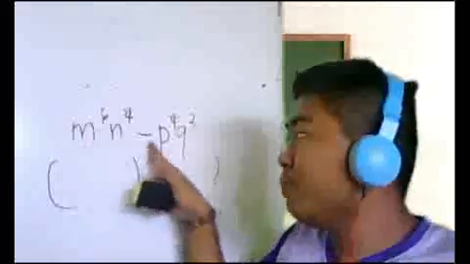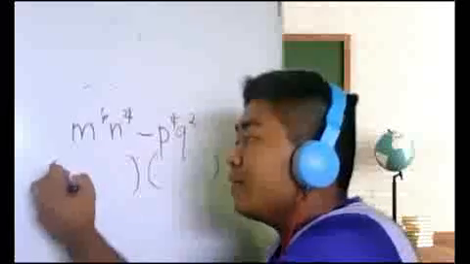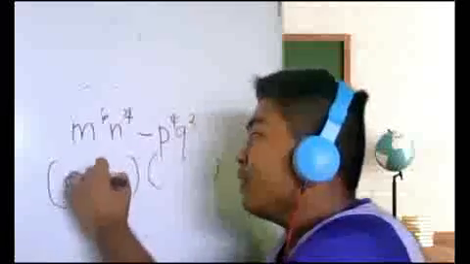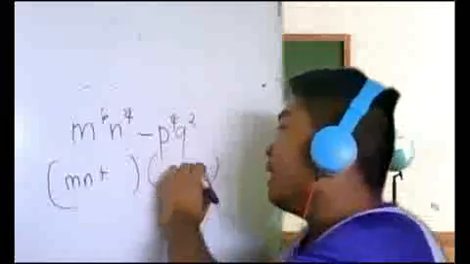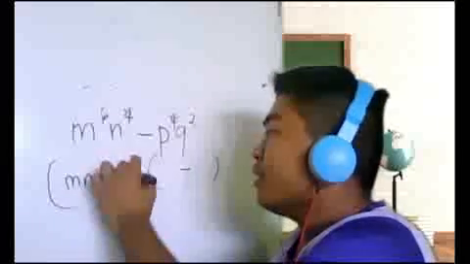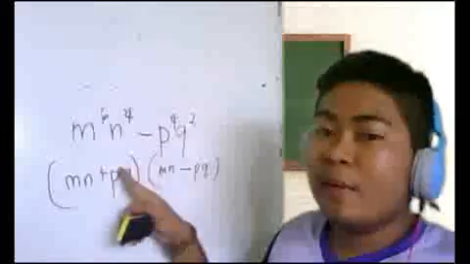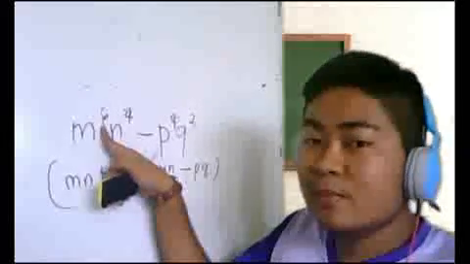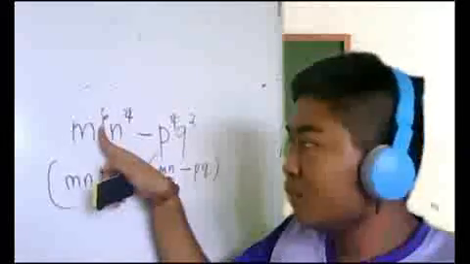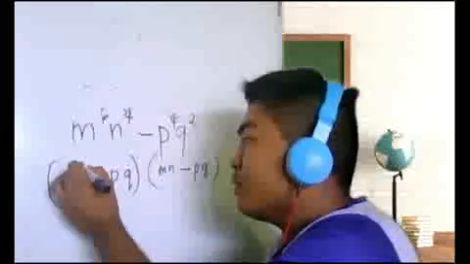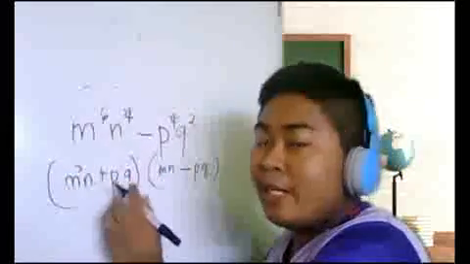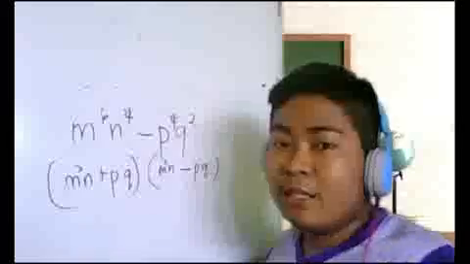Kapag walang coefficient, proceed to variables na kaagad. Just copy M N, positive, negative, P Q, M N, P Q, and then what would be the exponent? 6 divided by 2? 3. So the exponent for M is 3 also.